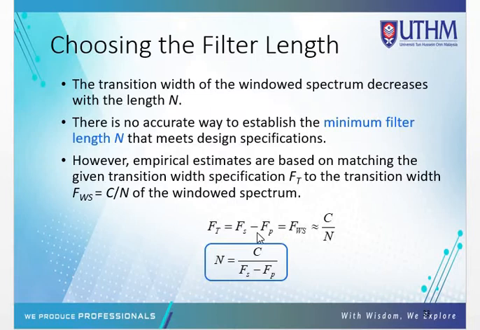F_p and F_s are the digital passband frequency and digital stopband frequency respectively.